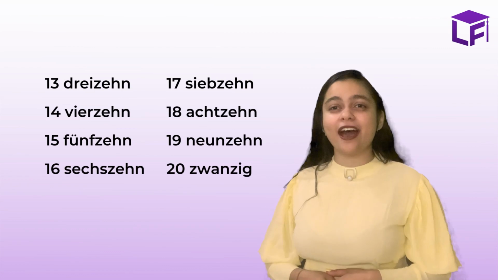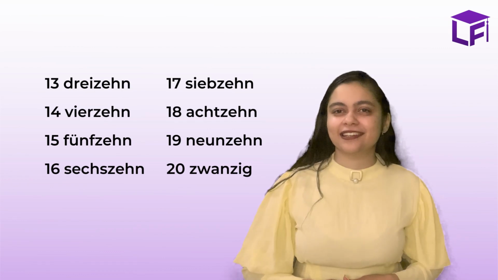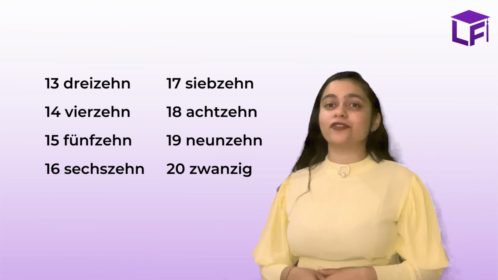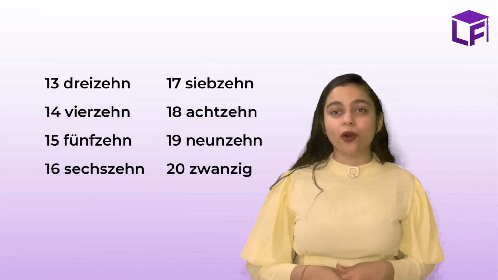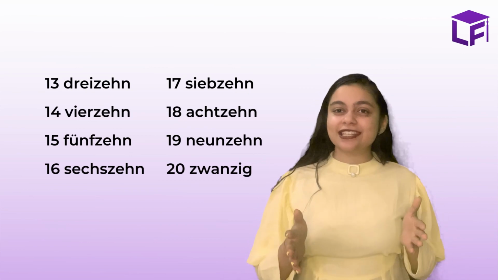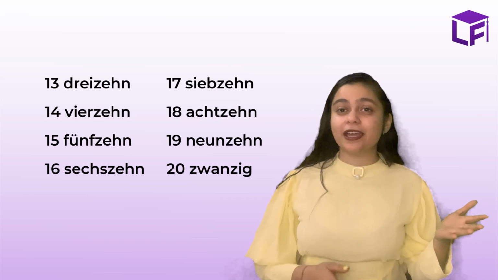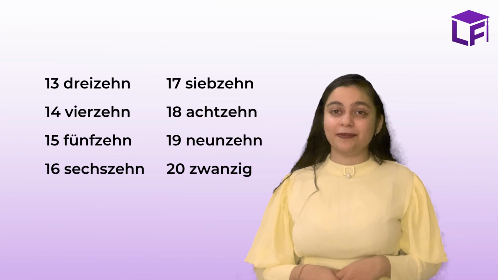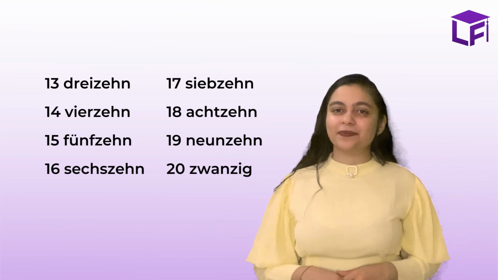The next number that we have is 13. So like I mentioned towards the beginning of the video, we discussed that the Arabic number system is followed by both the languages, namely English and German.